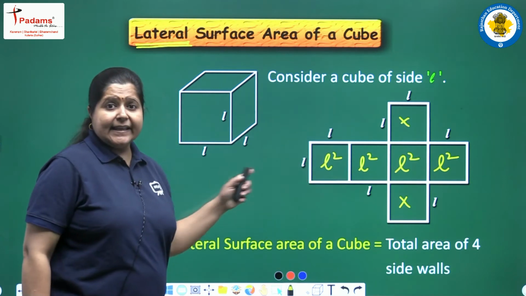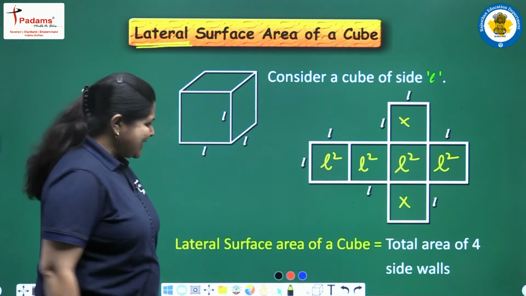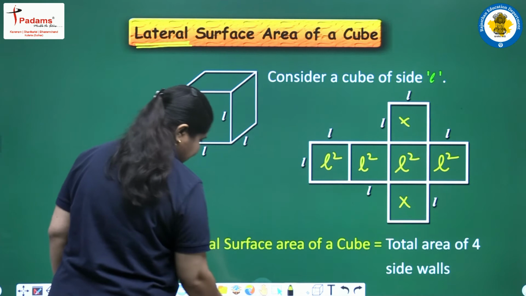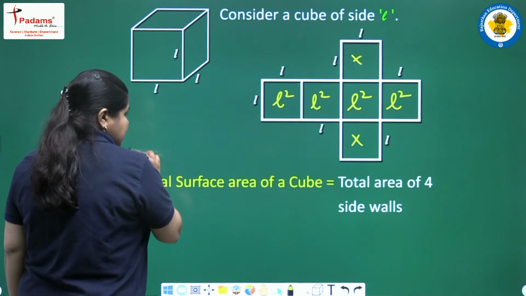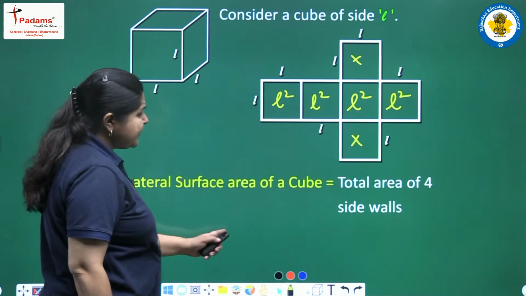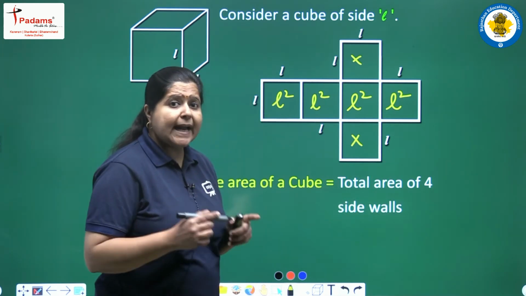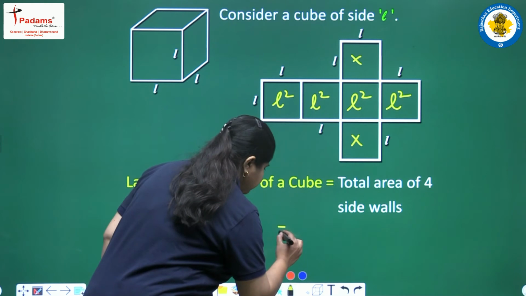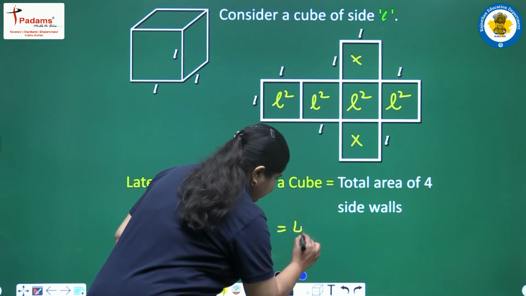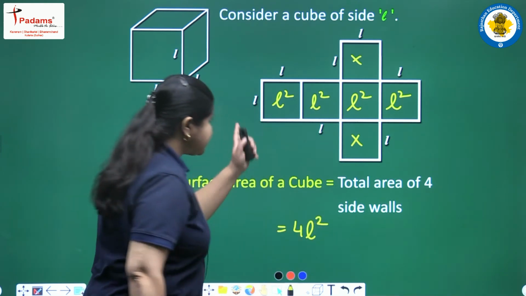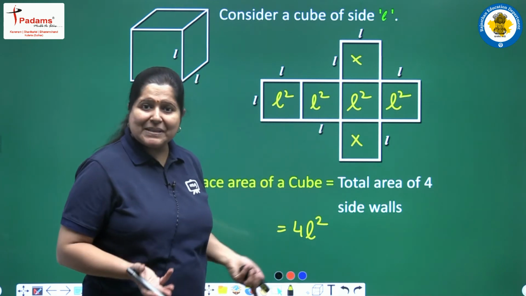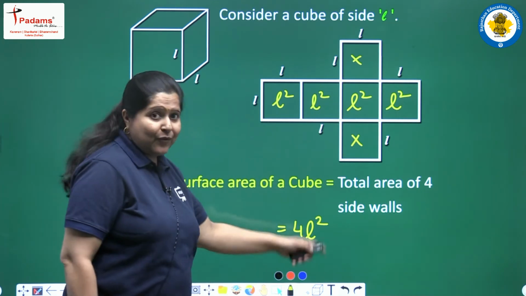Each face has the area L square. और ऐसे में लैटरल सरफेस एरिया आपका क्या हो जाएगा? It will be total area of 4 side walls or 4 side faces, and so it will be equal to 4L square. 4 टाइम्स लिखेंगे, उससे बेहतर है 4 से मल्टीप्लाई कर लीजिए. सो इट इज़ इक्वल टू 4L स्क्वायर.